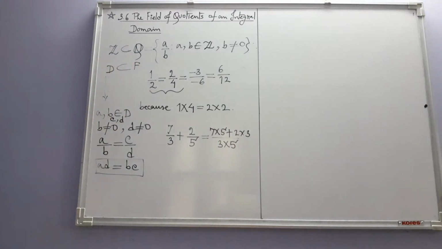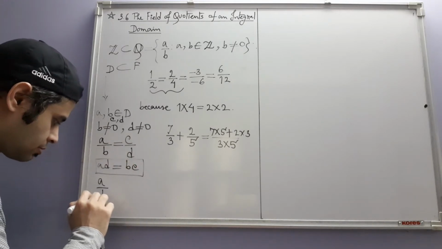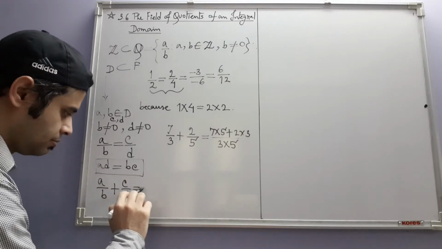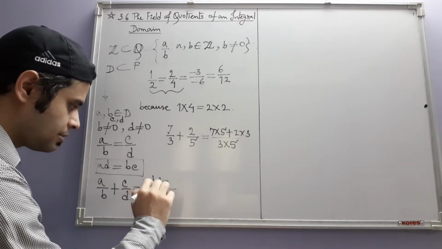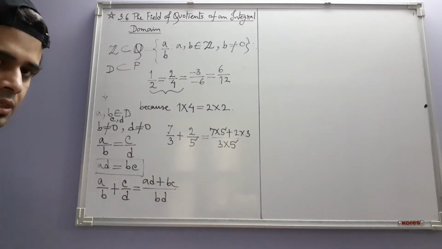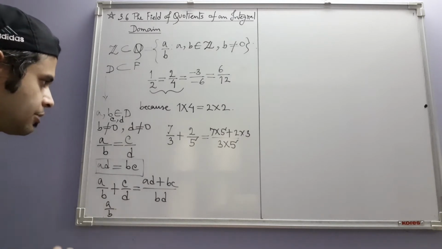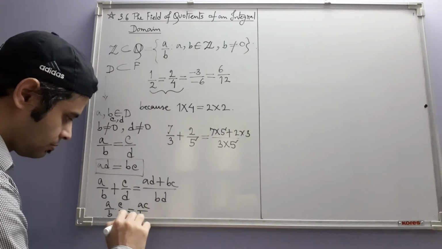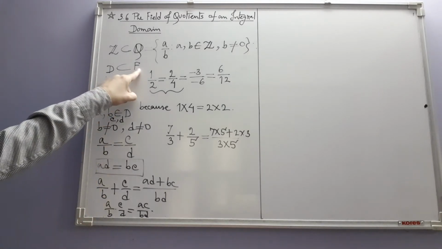We will define the addition of two such symbols exactly similarly. AD plus BC. Just like that, multiplication will also be defined just like the rational numbers. And it will turn out that this much will give us a field F.